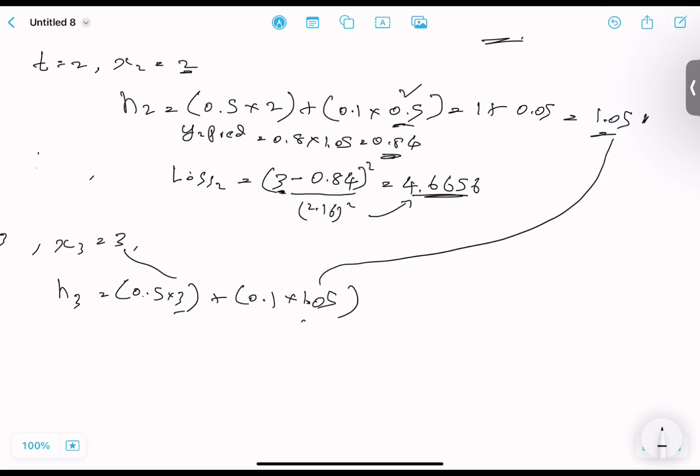This representation has past plus present information, and this 1.5 plus 0.105 equals 1.605.